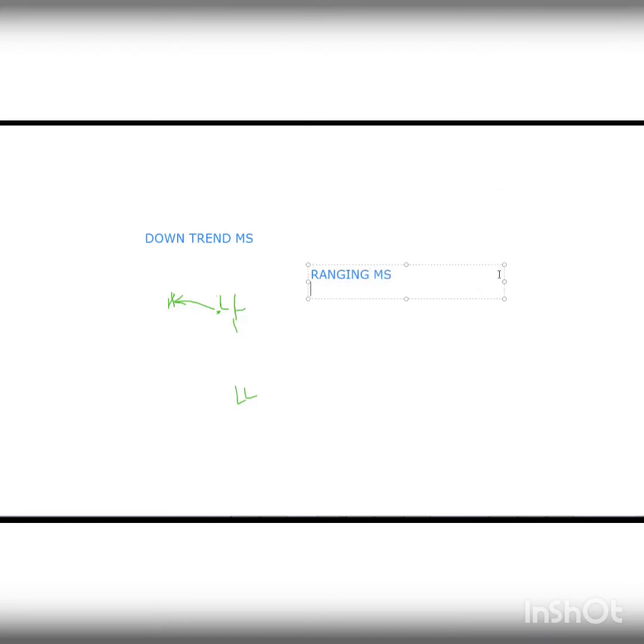So now when we are talking about ranging, I told you guys that it is known as sideways, it's known as consolidation. So this is basically a situation whereby the market is moving in a sideways manner. It is not going in any direction.